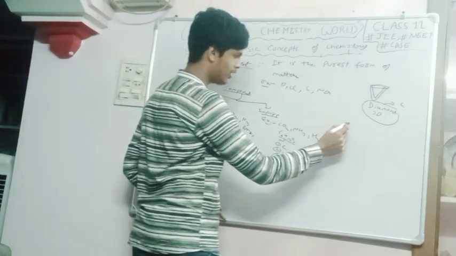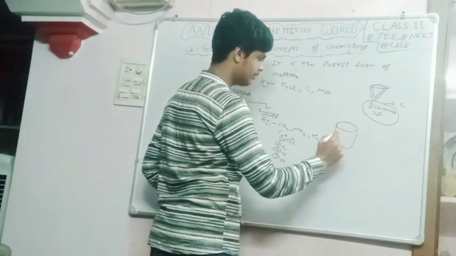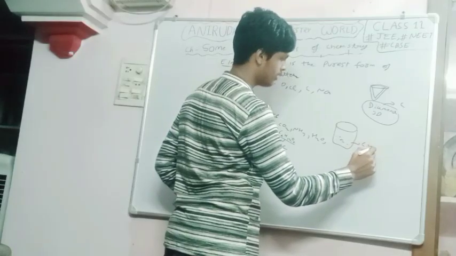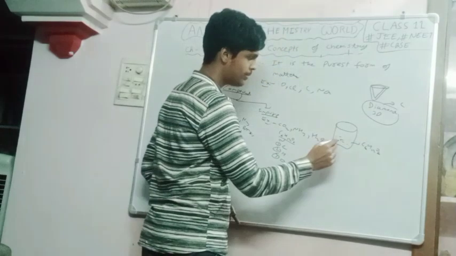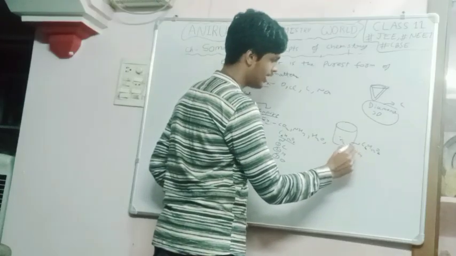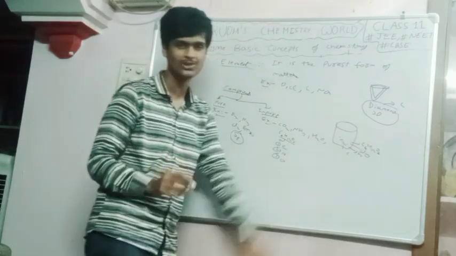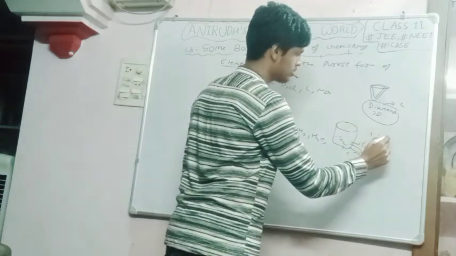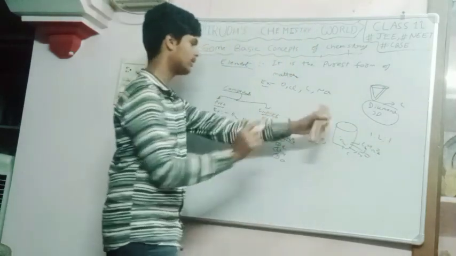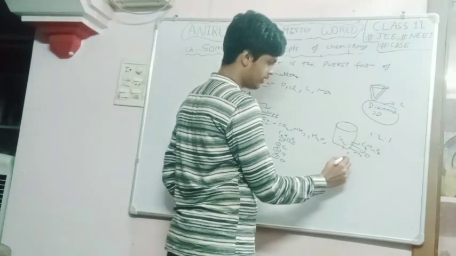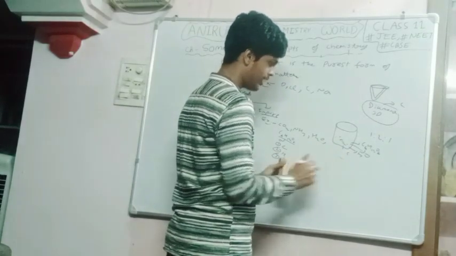Suppose in a beaker you have some C6H12O6. In this, you will have atoms of carbon and atoms of hydrogen and atoms of oxygen in this ratio, 6:12:6, which is 1:2:1. Okay.